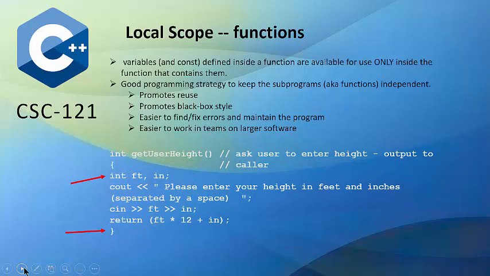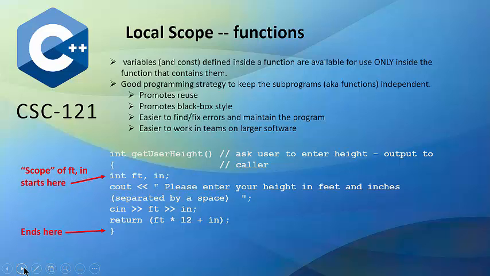In function getUserHeight, we see two local variables declared, ft and in for feet and inches. These become available once this function is executing, and they're only available as long as this function is executing.